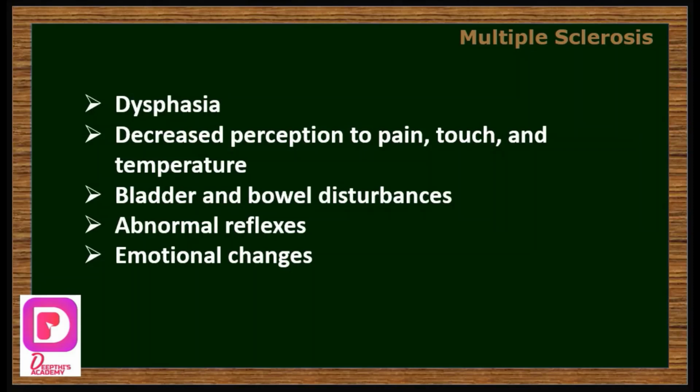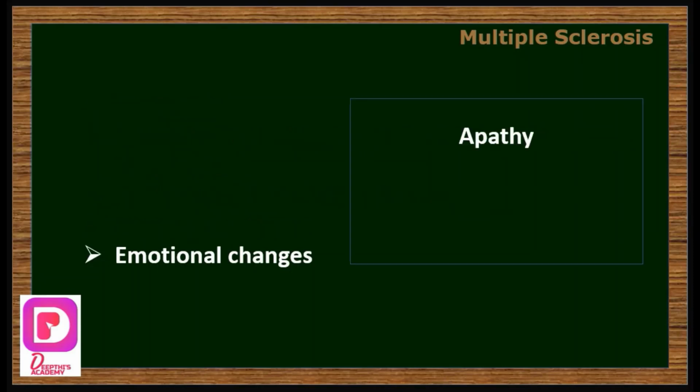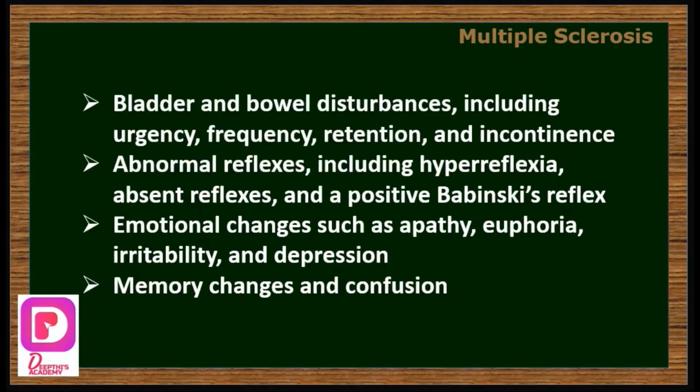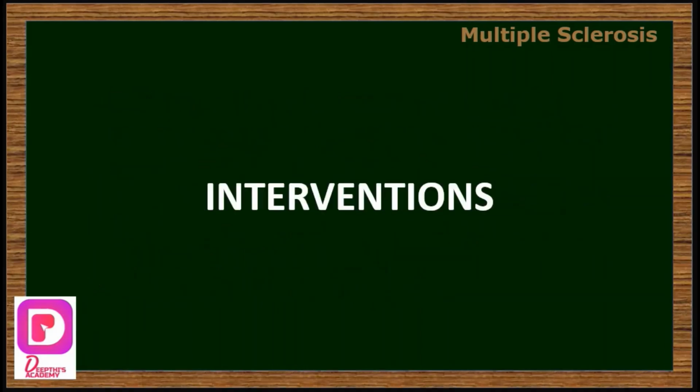We need to assess the emotional changes too, such as apathy, characterized by lack of emotion and feelings of indifference; euphoria, extreme feeling of pleasure, happiness, and excitement; irritability; and depression. And finally, memory changes and confusion.